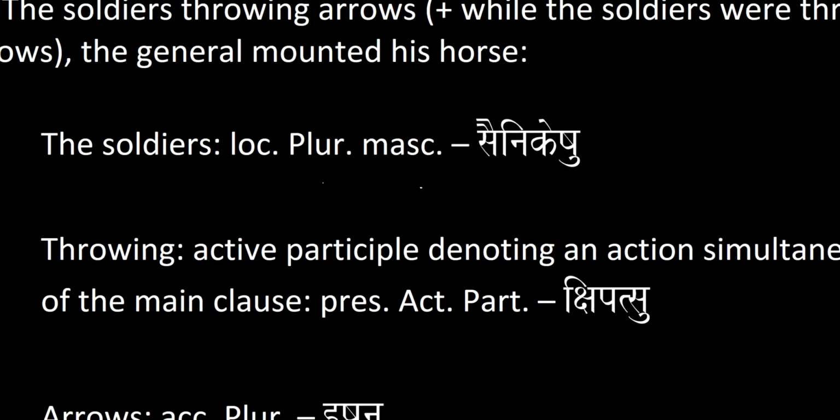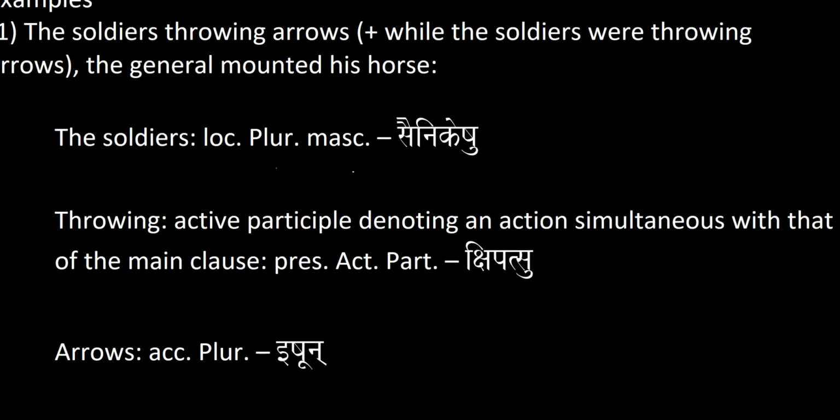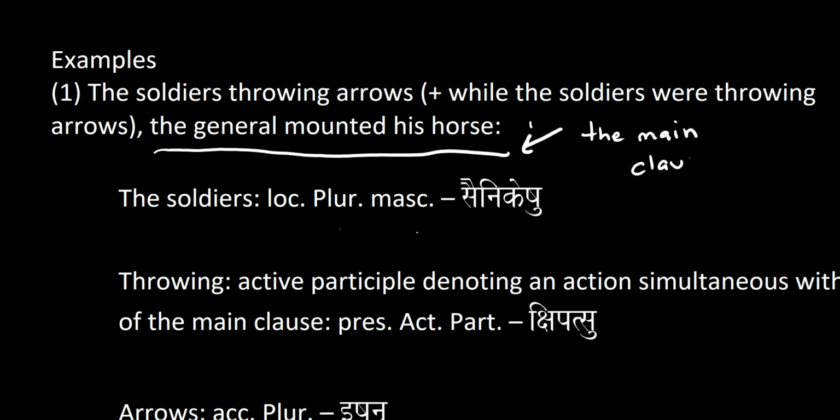Throwing arrows, that's going to be an active participle denoting an action simultaneous with that of the main clause. So the main clause is that the general mounted his horse. That is the main clause. So you can just think about the soldiers throwing arrows, or while the soldiers were throwing their arrows.